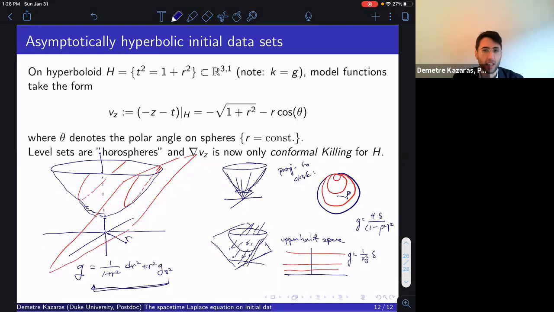So you get these red lines in your initial data set, which is the hyperboloid. They look like this. Notice, by the way, that v only goes between negative infinity and 0.